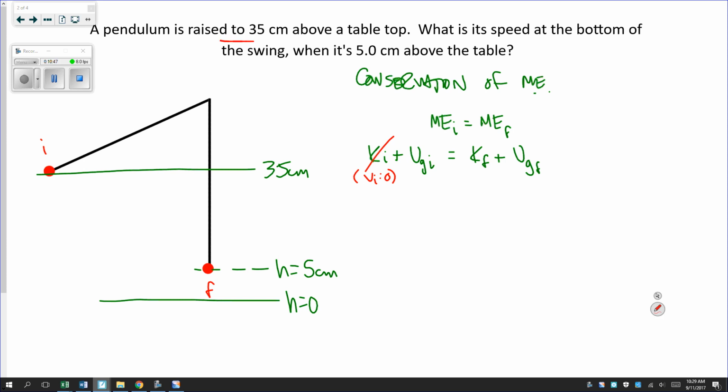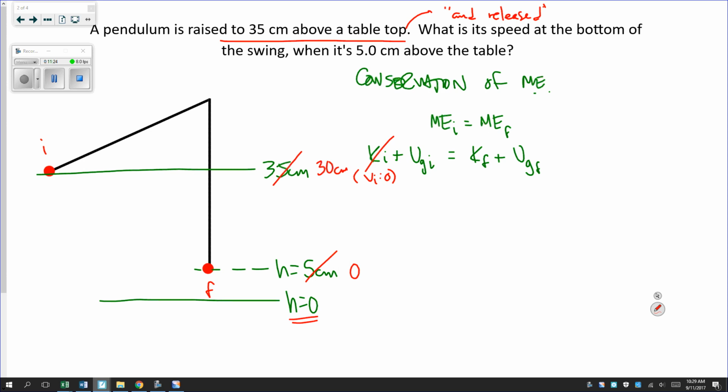This assumes, I probably should have said, released, as opposed to thrown downward from there. Now, right now we don't have a final height of 0, but let's just say these heights are given relative to the tabletop, but if I feel like it, I can change where that 0 height is, and we're still okay. I'll show you why that is in a minute.